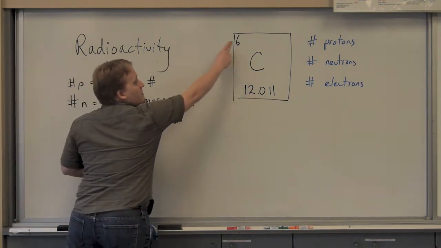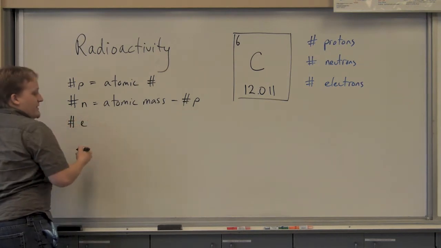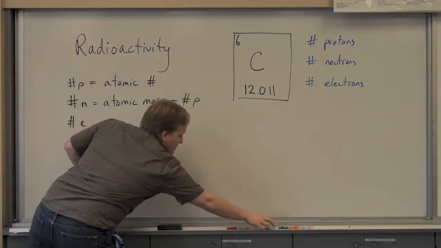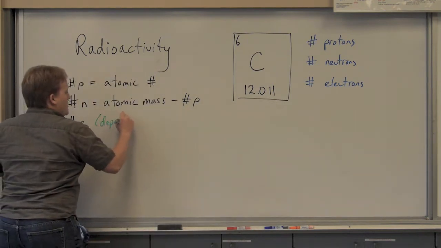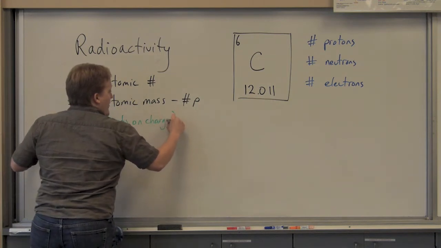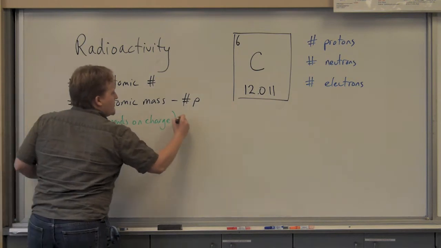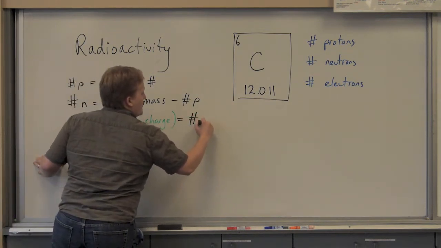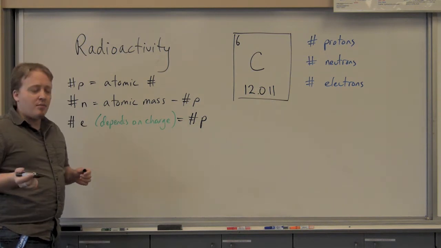So this minus that. And then electrons, and this is depending on charge. Assuming it's an uncharged particle, then the electrons is always equal to the number of protons, unless that has been otherwise adjusted by becoming an ion.